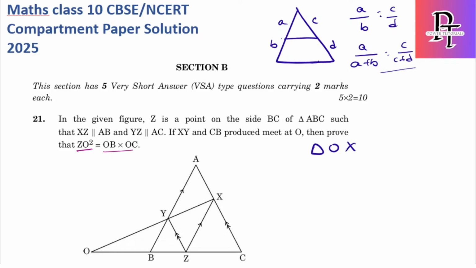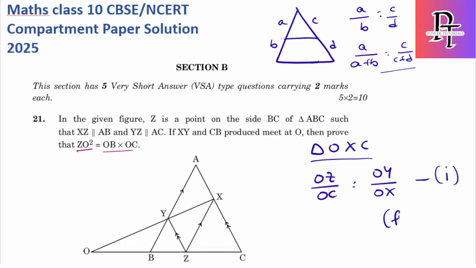Triangle OXC. If I take this triangle OXC, what I can write is OZ by OC is equal to OY by OX. Mark it as 1, and you can write simply from the BPT theorem.